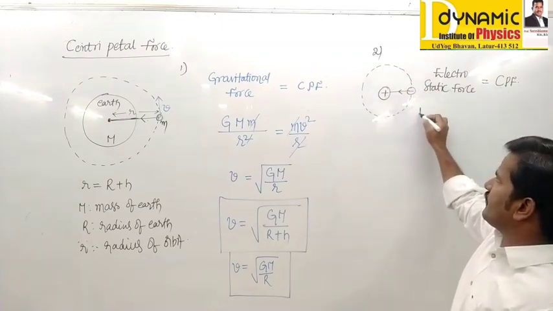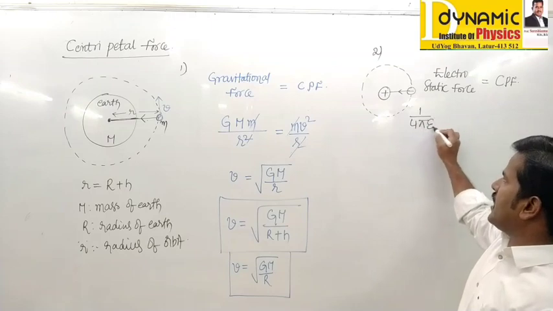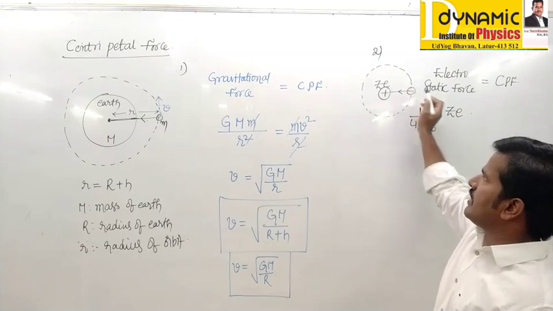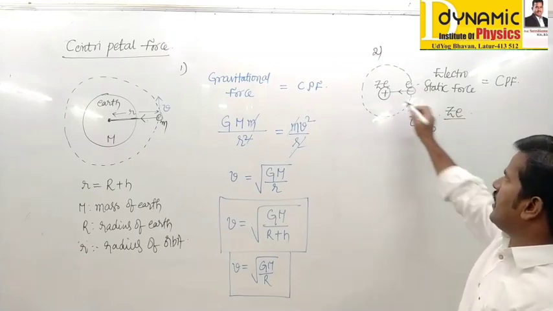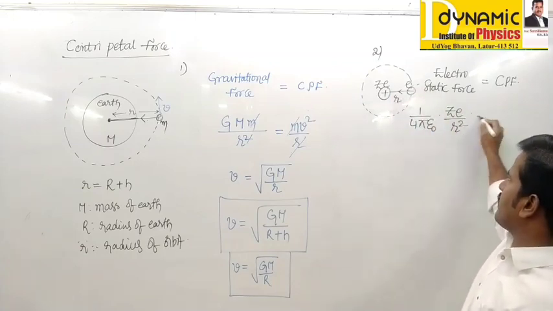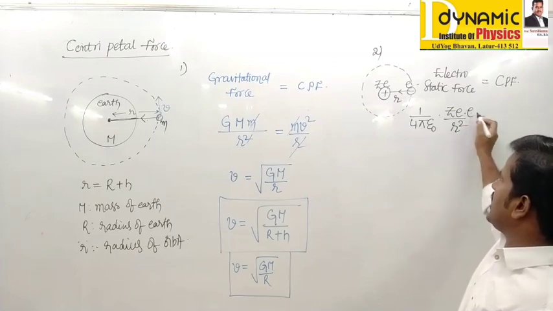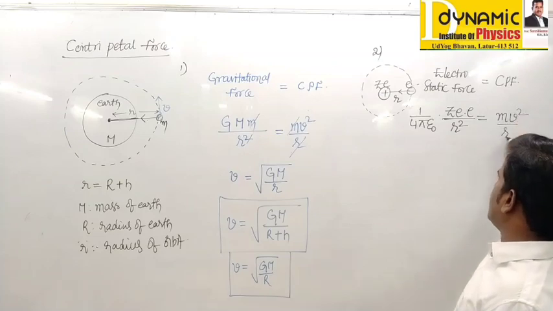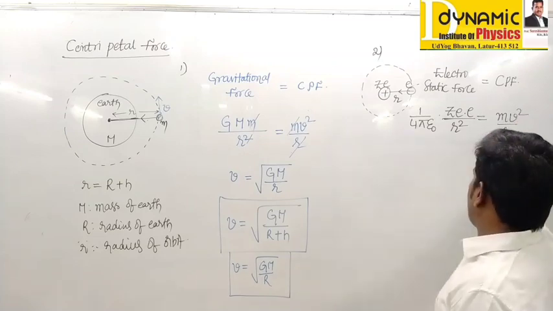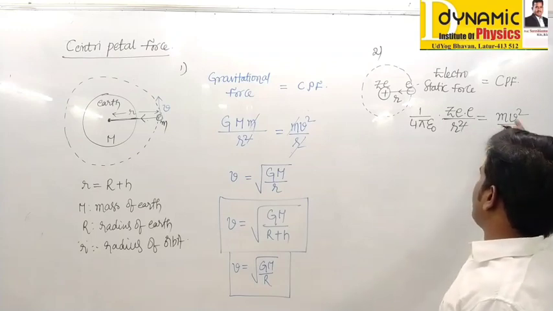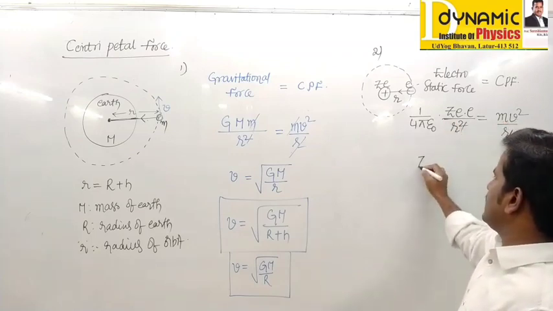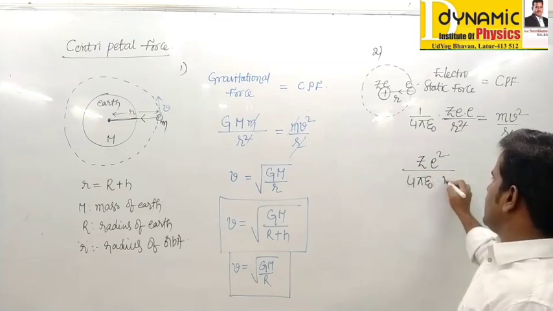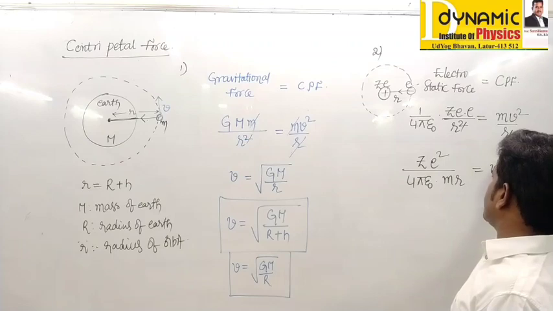This is the electrostatic force, 1 by 4 pi epsilon naught into Ze, where Ze is the charge of the nucleus and e is the electron charge, upon R square, with R the radius. Ze into e upon R square equals mv square upon R. So to calculate the velocity, Ze square upon 4 pi epsilon naught m into R equals v square.